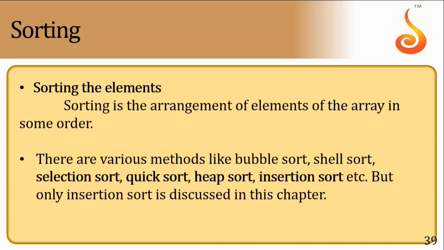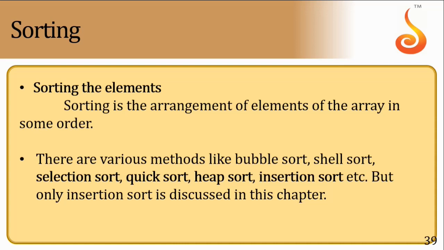The next one is sorting. What do you mean by sorting? Sorting is nothing but arranging the elements of an array in some order. It can be either ascending or descending. So arranging the elements of an array in order is nothing but sorting. There are different sorting techniques available.